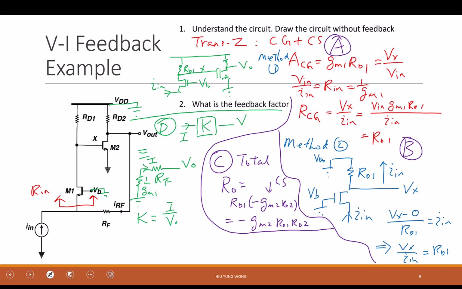So how do we find it based on this? Based on this circuit, how do I find the relationship between I and V, given RF and 1 over GM? KCL or just simply Ohm's law? Yeah? Just Ohm's law. So can you tell me what's the Ohm's law that relates I and V out for me?